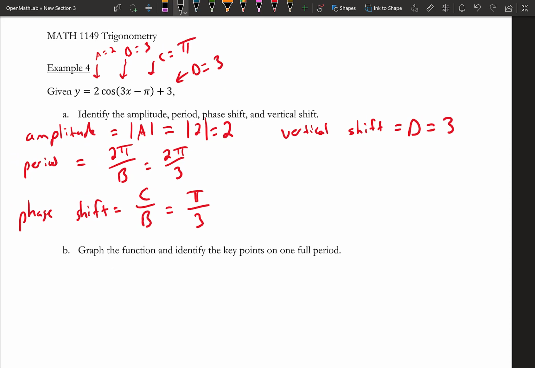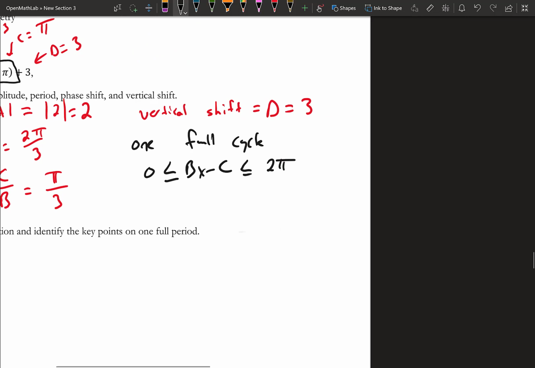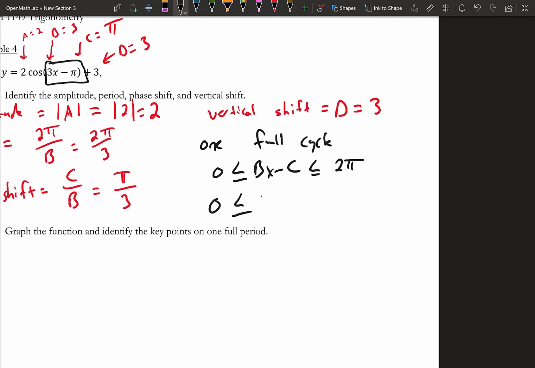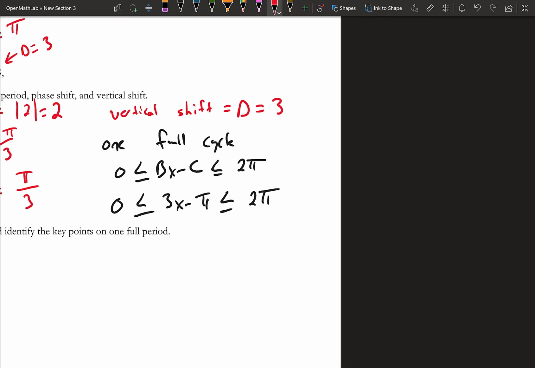Another thing that's nice to do here is let's find one full cycle. So remember, one full cycle is 0 less than or equal to bx minus c less than or equal to 2 pi, right? So we would have 0 less than or equal to 3x minus pi less than or equal to 2 pi. Right, so let's solve that.